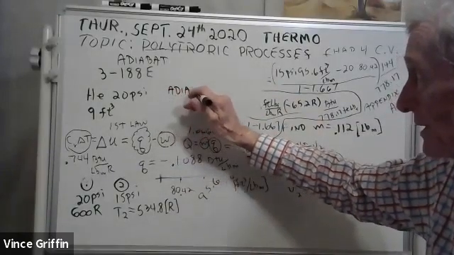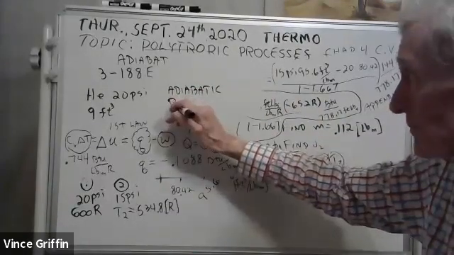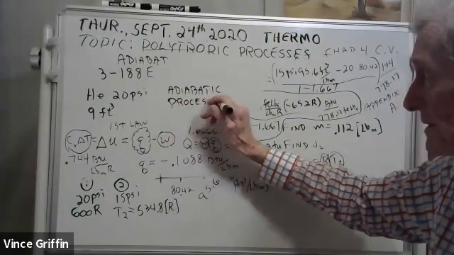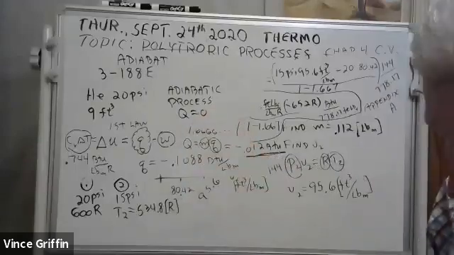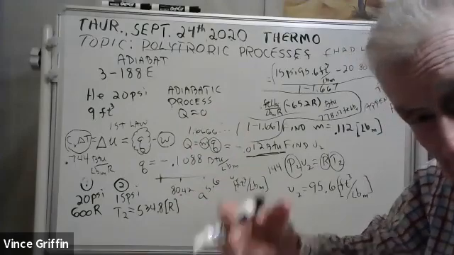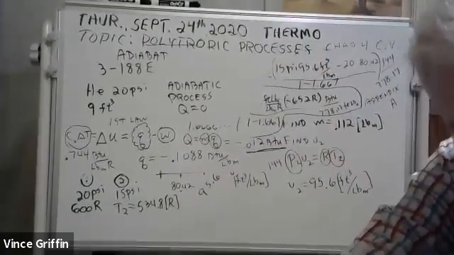Now, an adiabatic process, what that is, is when the Q is 0. There is no heat transfer. I'll tell you how you could do that: if you put an insulator around your piston cylinder.